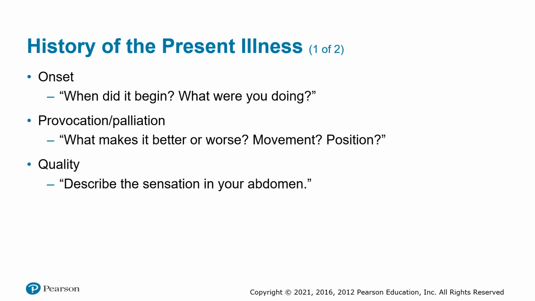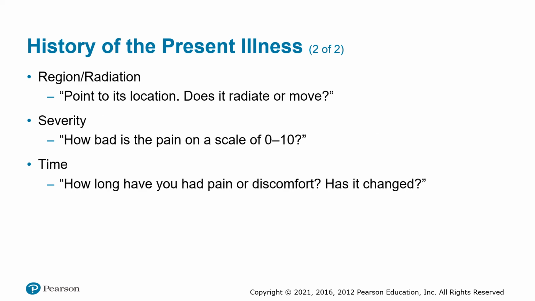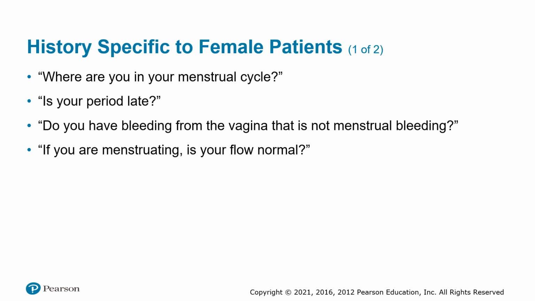Again, with a history of present illness, you can use your OPQRST because it is a pain-related problem. So go through your OPQRST and use that as your baseline to figure out where it's going. Okay. Specific to females, where are you in your menstrual cycle? Is your period late?